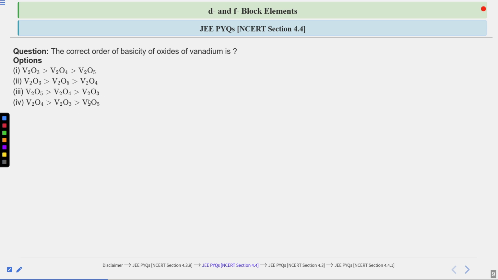So choose the correct order of basicity of oxides of vanadium. Here only one thing can vary, that is the oxidation state, so you can calculate that and then conclude the basicity. I'm giving you some time, try to solve this, then we will see the correct answer.